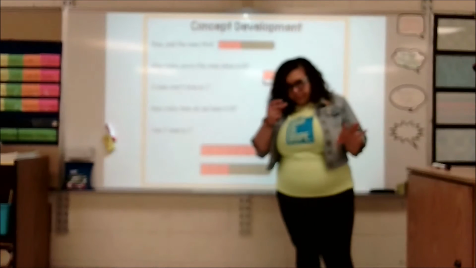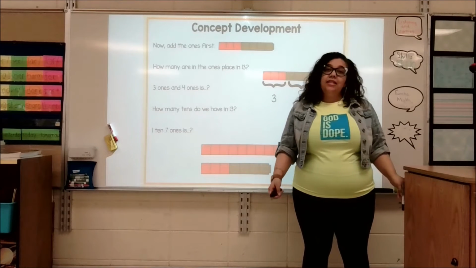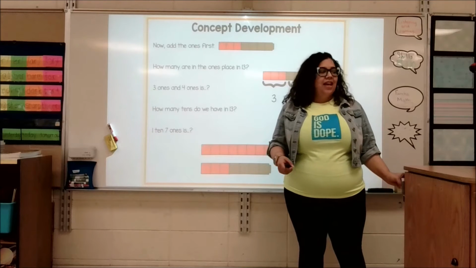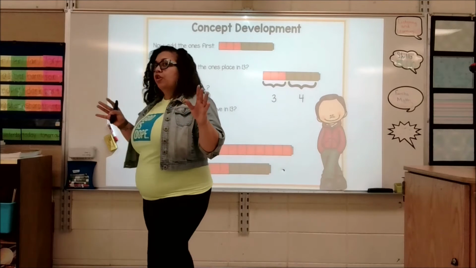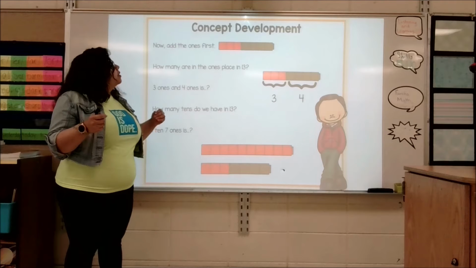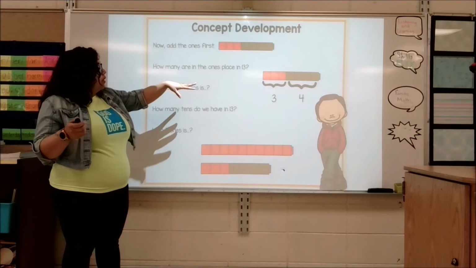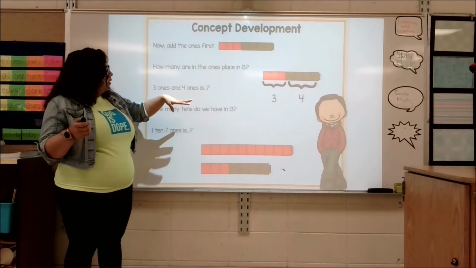Okay, so as I told you up front, we're going to be using the counting on strategy and making 10 to add. So what you do in those situations typically is you add the ones first. So here we have adding the ones, 3 and 4. All right, cool. 3 and 4 is 7, yes? Good.